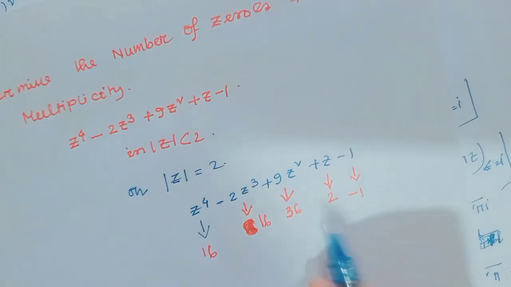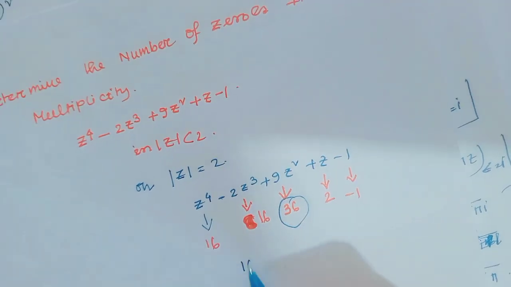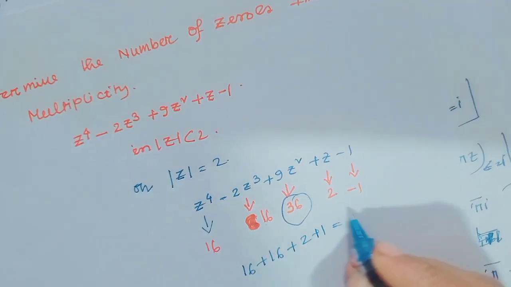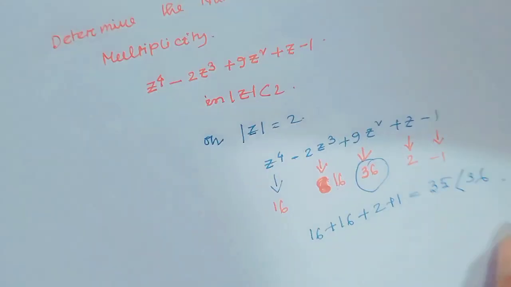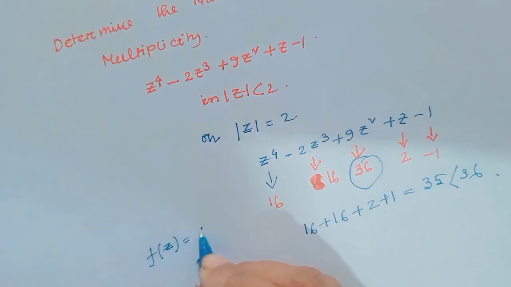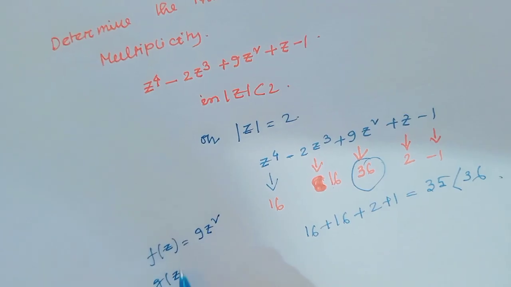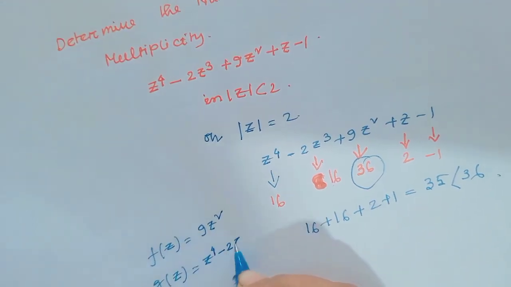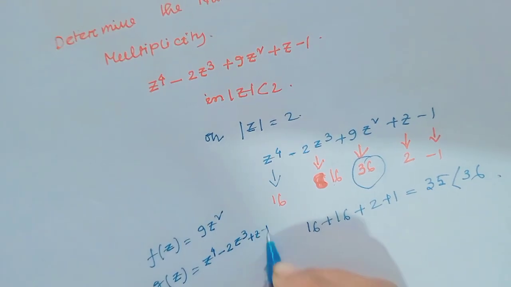The highest value is 36 and this value 16 plus 16 plus 2 plus 1, this is 35, and 35 is less than 36. That means f(z) equal to 9z square and g(z) equal to z to the power 4 minus 2z cube plus z minus 1.